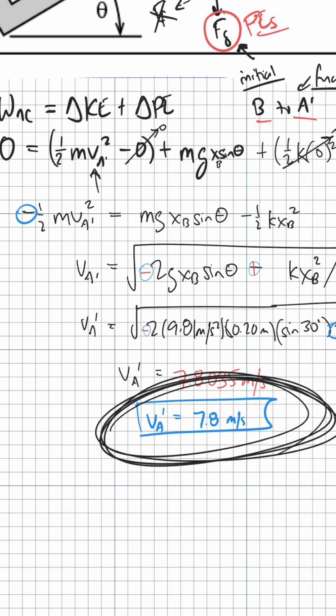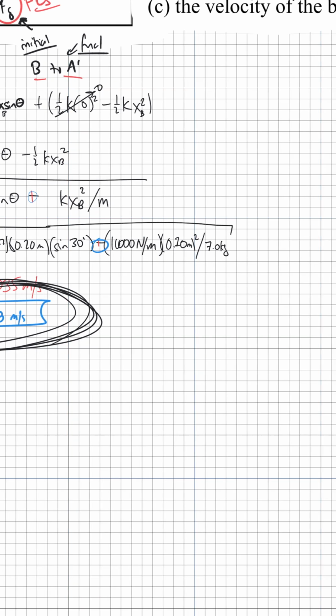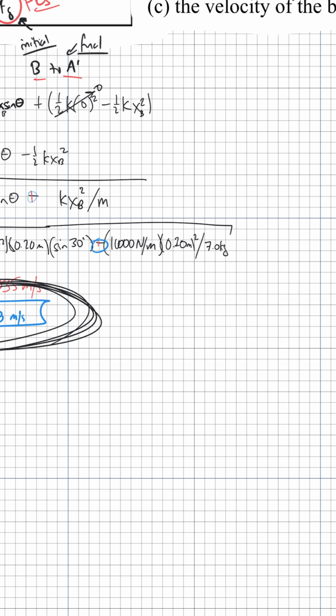By the time it gets back, it's going to be less than 7.8 meters per second, right? Because it's lost energy. With a coefficient of friction of 0.4, maybe we lose half of the energy, I don't really know. But we should be less than 7.8. That's the only thing that we know for sure.